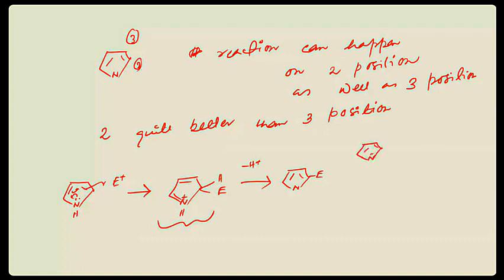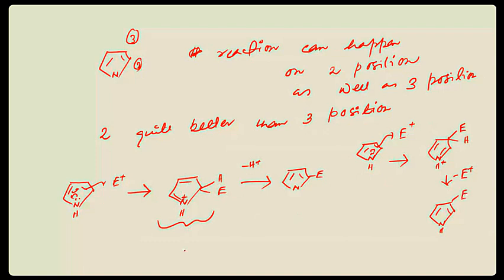Pyrrole, this is the reaction at the 3 position. Then what do we have? We have NH plus, EH. After minus H plus, we will have NH E.